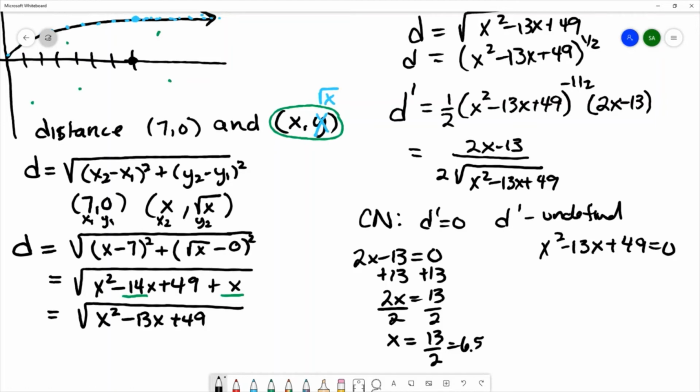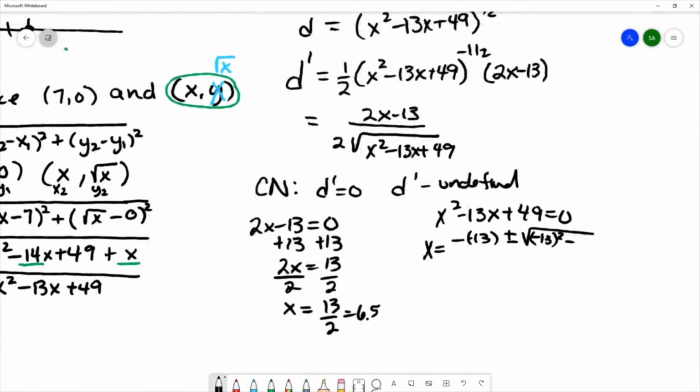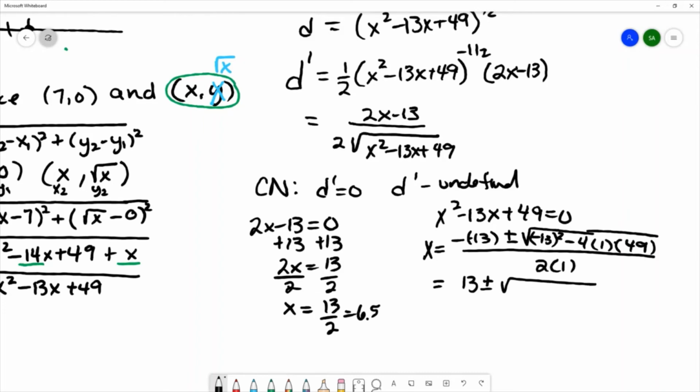I'm going to use the quadratic formula to solve this. x equals negative negative 13 plus or minus the square root of negative 13 squared minus 4 times a times c, all over 2a.